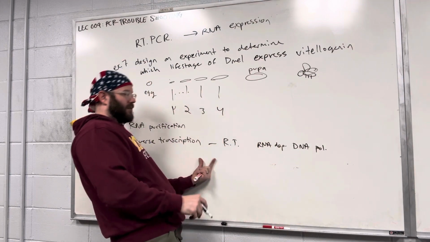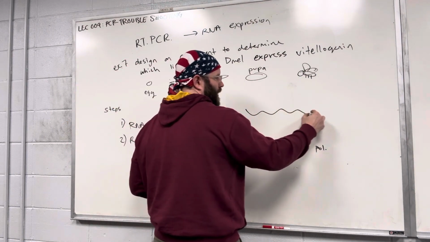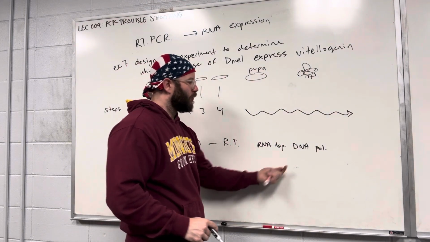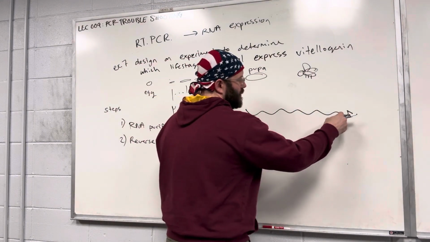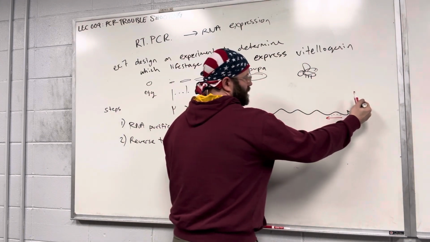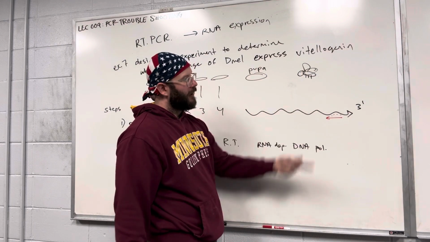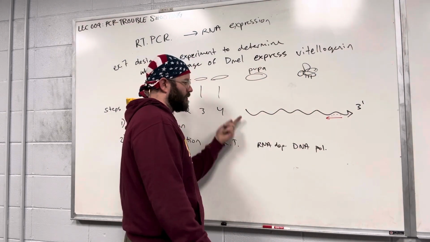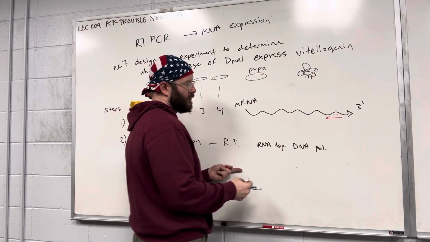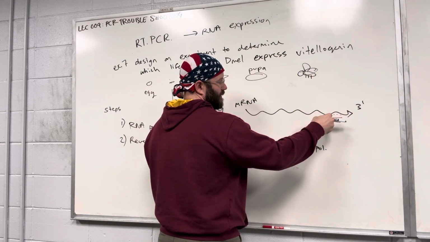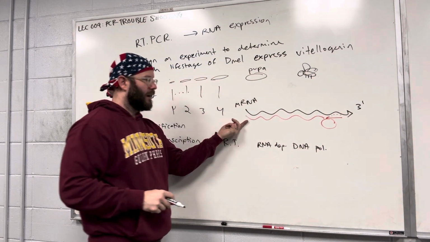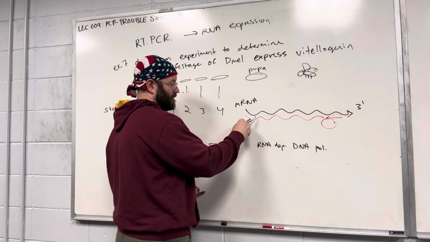Okay, so what this unique enzyme does is if you have a transcript, here in this case for vitellogenin, and you design a primer that binds to the 3' end of a transcript, so messenger RNA, it finds this, okay, and it will write a matching sequence of DNA.